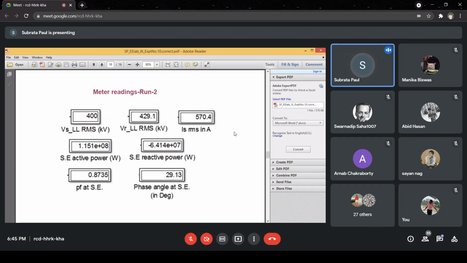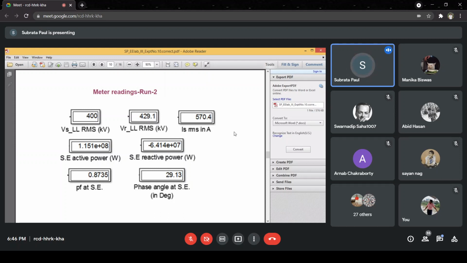It is minus, which means the sending end, instead of delivering, is absorbing reactive power. Right? Let me tell you something that will be better to remember.